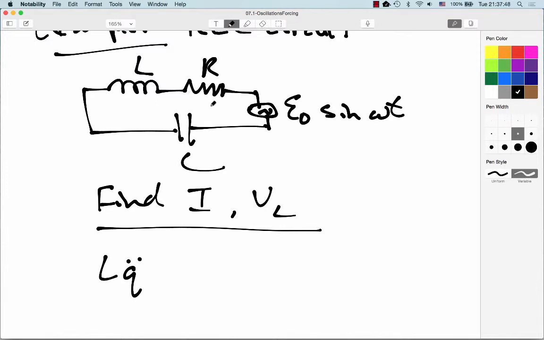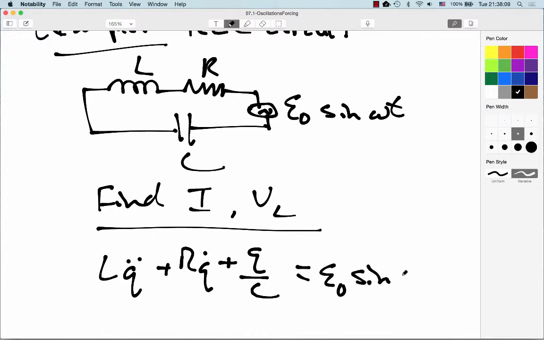Have a drop of IR here, so there'll be plus R Q dot there. We'll have a voltage drop of charge over the capacitance, so there'll be Q over C. So those are all the drops, and then the gain is the EMF source, E naught sine omega t.